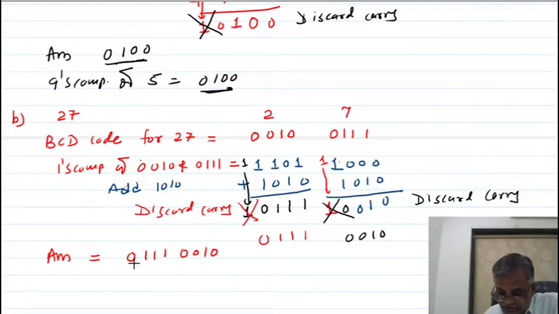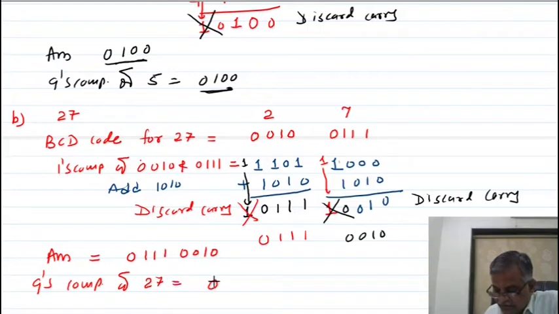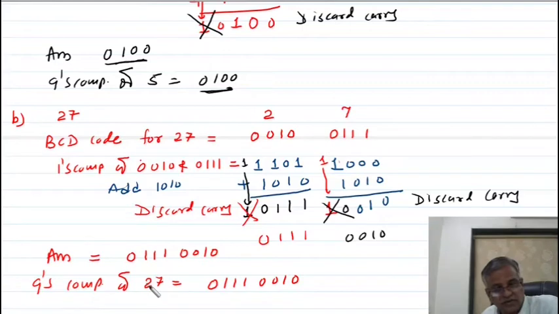So this is nothing but the 9's complement of 27, which is 0111 0010. Listen, already you have done this. I have to subtract this 7 from 9. So 9 minus 7 is 2.